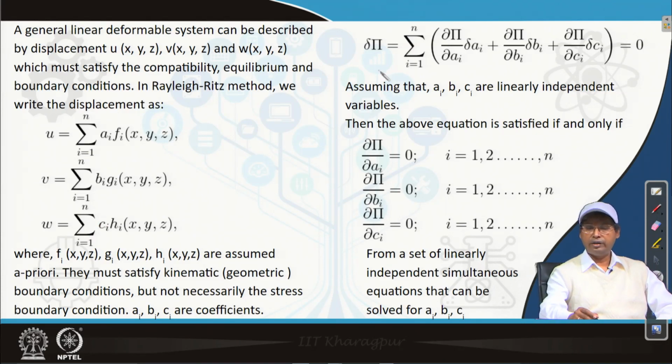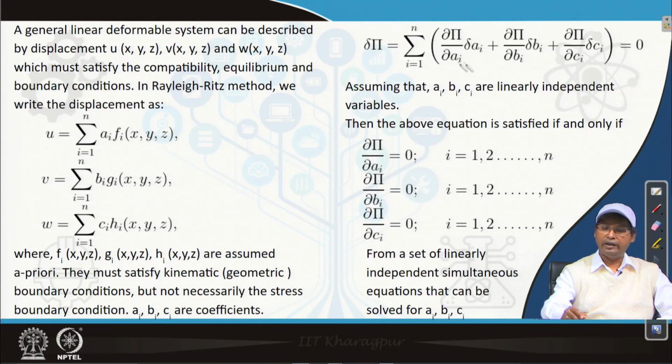So, what we are considering, again, is the variation of the total potential energy, and that gives us 3 partial differential terms in these equations, which are del pi del A I, del pi del B I, del pi del C I. Then assuming that A I, B I, C I are linearly independent variables, it concludes that the above equation is satisfied if and only if individually these are 0.